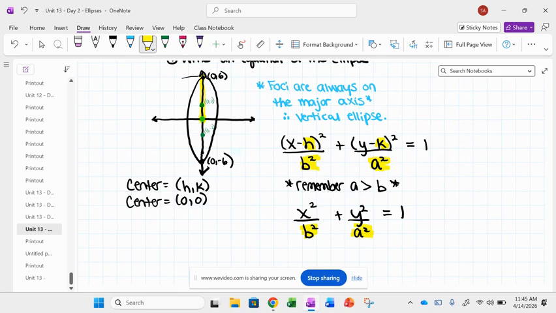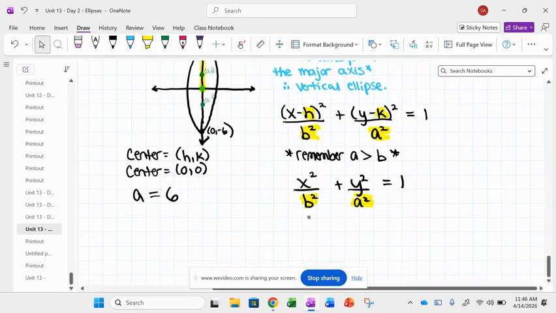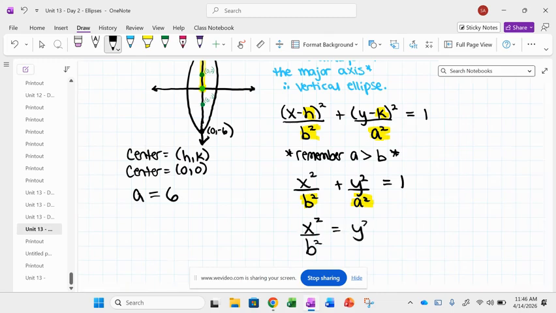So now if my center is 0, 0 and one vertex is 0, 6 on that major axis, how many units is that? 6 units. So do we all agree that our a is equal to 6? So now we have x squared over b squared plus y squared over 36 equals 1. Ooh, I wrote equals. Sorry, it should be plus.